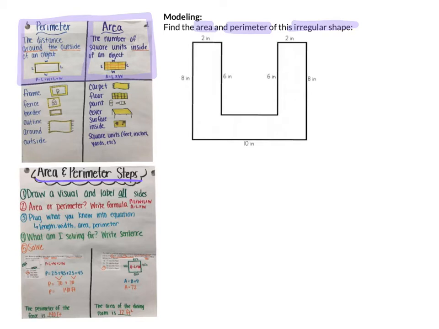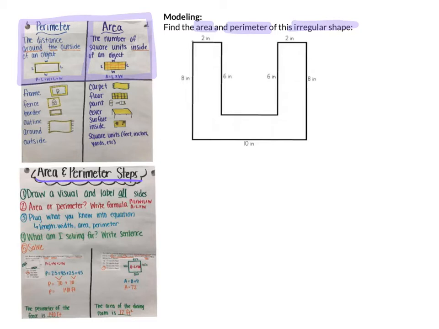Step 1, we want to draw a visual and label all sides. So when I'm looking at this problem, we already have a visual drawn. Next, we need to see if all the dimensions are labeled. We want to make sure we have a side length for each side on this shape.